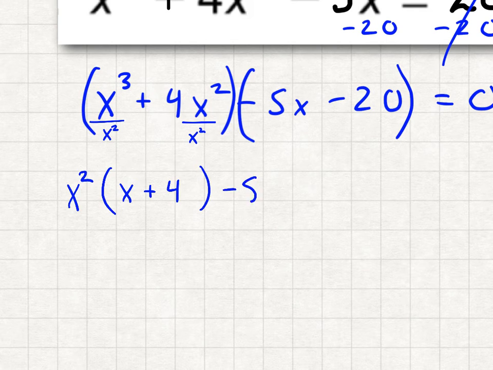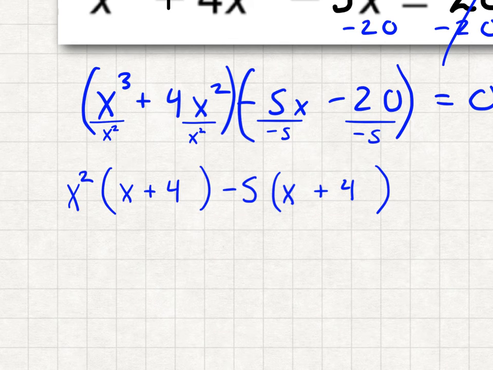Negative 5. What am I left with when I take out a negative 5? Awesome. X plus 4. So I'm dividing both of these by negative 5. Negative 20 divided by negative 5 is what gives me that plus 4. So are my insides the same? Yep. So what do I do next?